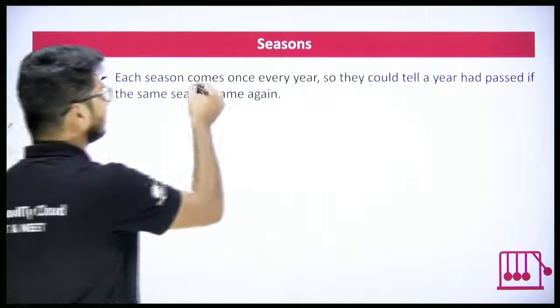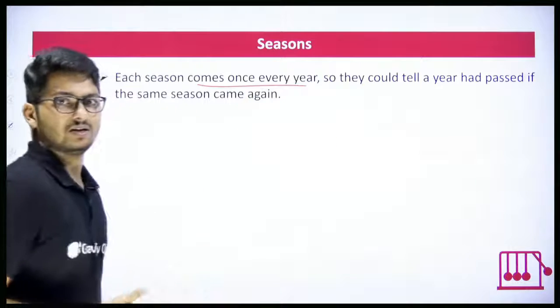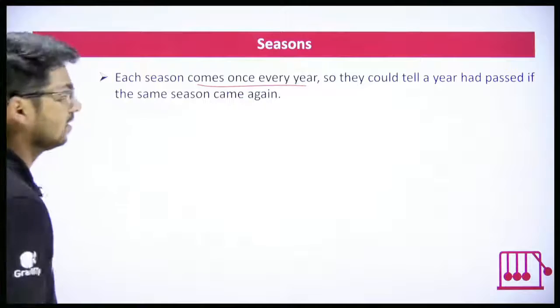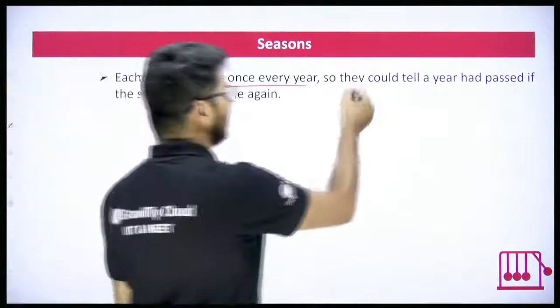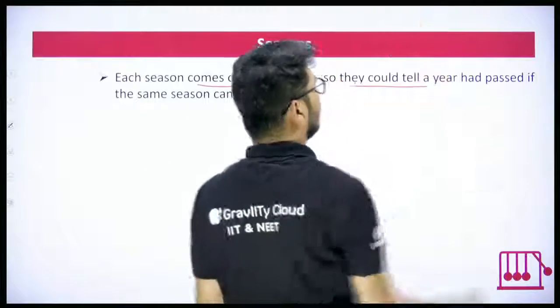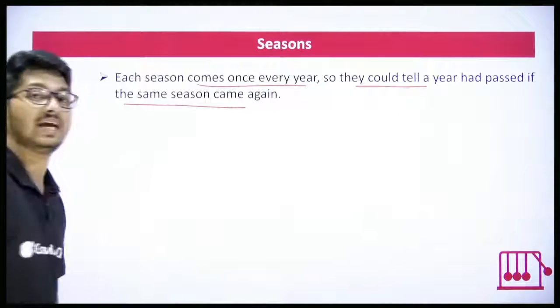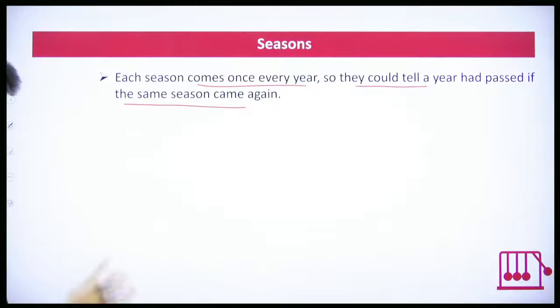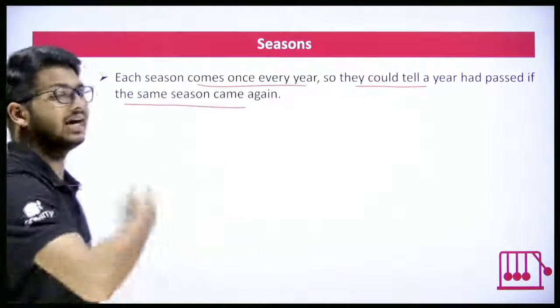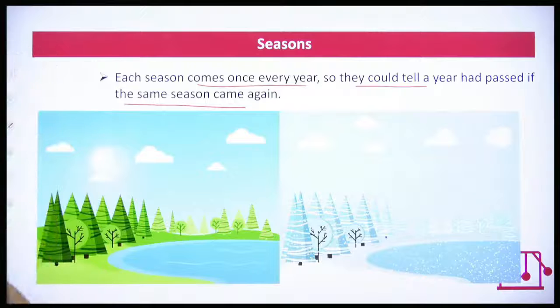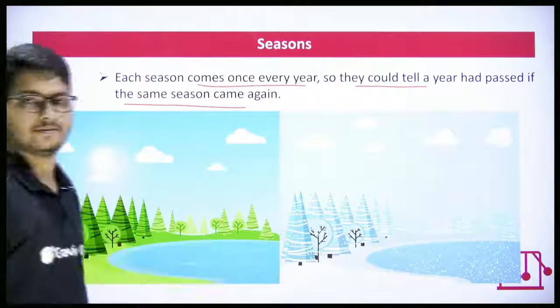So each season comes once every year. Seasons, rainy season, winter season, summer season, and all of them, right? So people long back could tell a year had passed if the same season came again. Now winter has passed. If winter again comes, it means it is 1 year. And the different seasons, right?